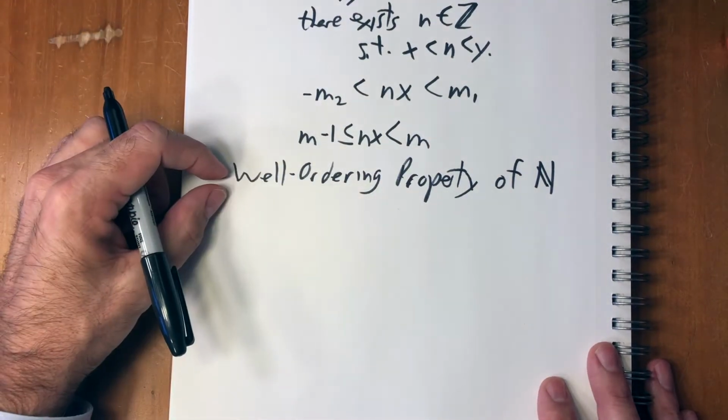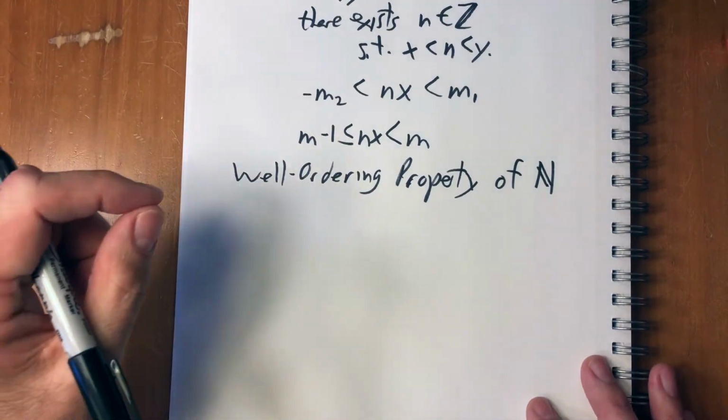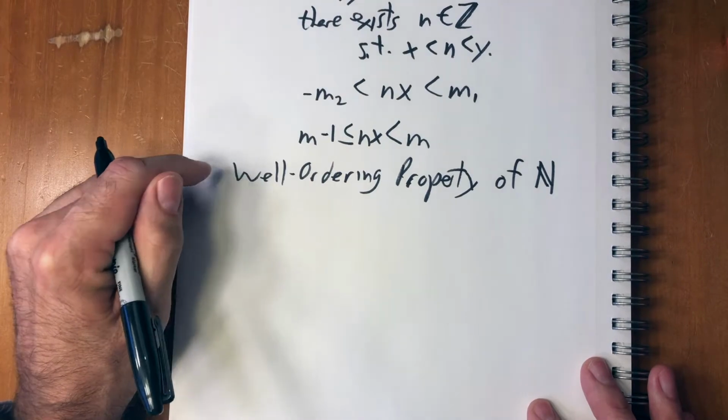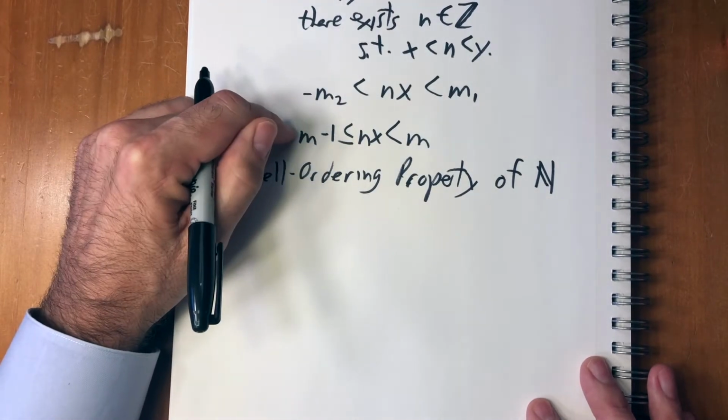That's the well-ordering property. It's interesting that this is what's required in order to prove this. Without establishing this, we can't do that.